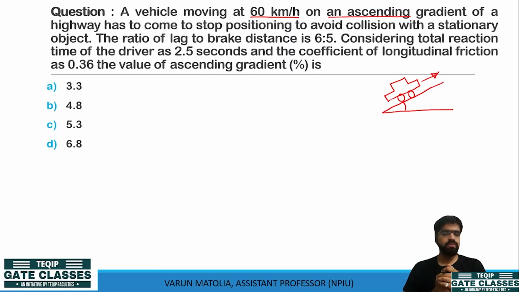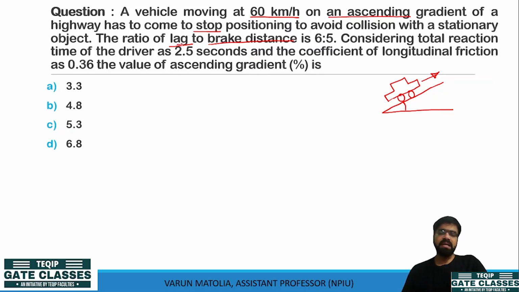Okay, what else of a highway has to come to stop position to avoid collision with a stationary object? The question is talking about SSD because it wants the vehicle to stop. The ratio of lag to brake distance. What is lag distance? The time or the distance covered while making the decision. And the brake distance is the distance covered after application of brake before the vehicle comes to a stop.